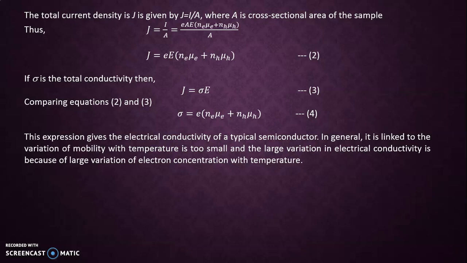We know in an intrinsic semiconductor, the number of electrons and holes are the same, while in an n-type semiconductor, there is a large number of donors, and in a p-type semiconductor, there is a large number of acceptors. That we'll see in the next part. Okay, thank you.